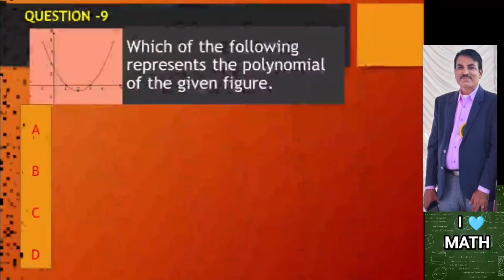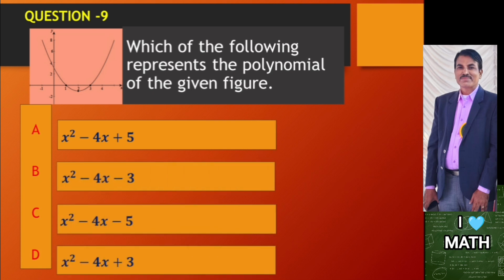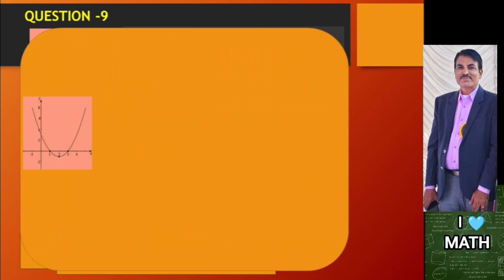Moving on to question number 9. Here we can see the graph, the parabola. We need to find the polynomial. We can observe here the parabola cuts the x-axis at 1 and 3. So those are the two zeros. 1 and 3 are two zeros.